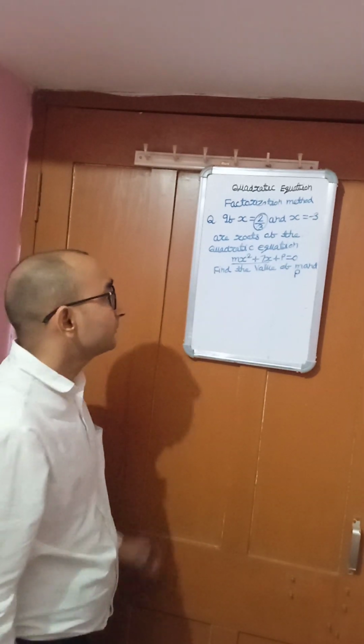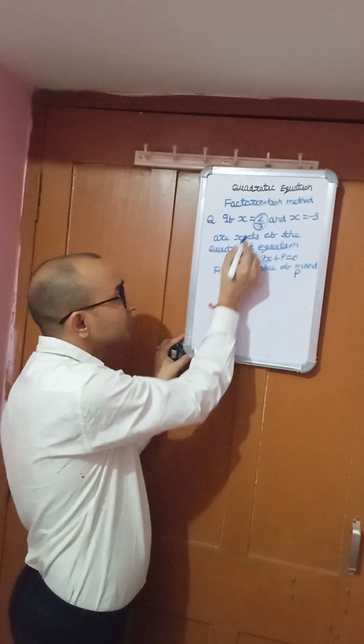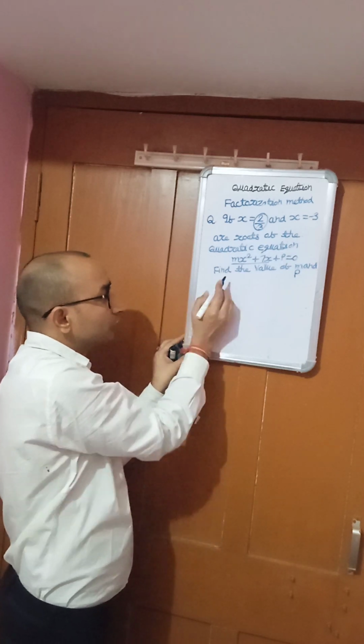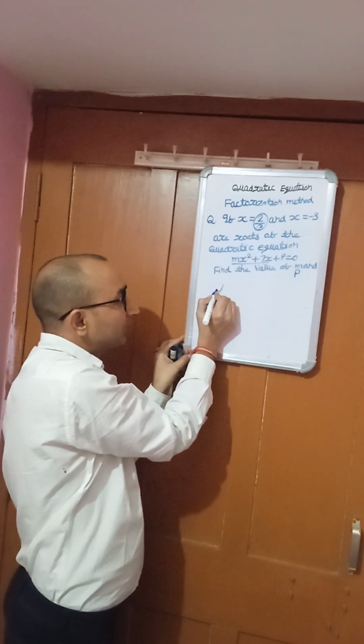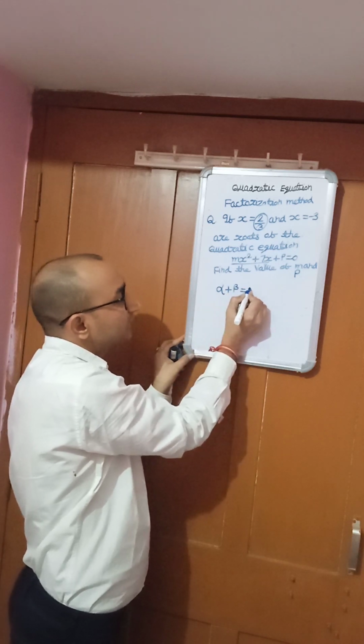Okay, that is why, and I have explained one concept here, that this is alpha and this is beta. So from here we can see that alpha plus beta equals to minus b by a.